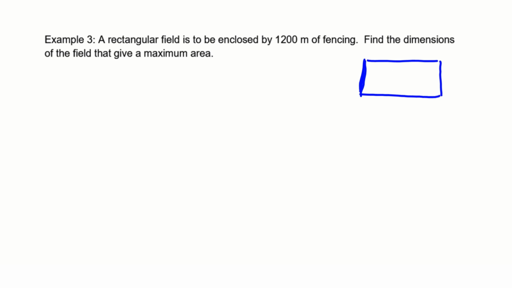So it should be 90 degrees. And you have 1,200 meter fencing, okay? It asks you to find the dimension, so we are going to introduce, maybe we introduce width equals x, at x equals width.